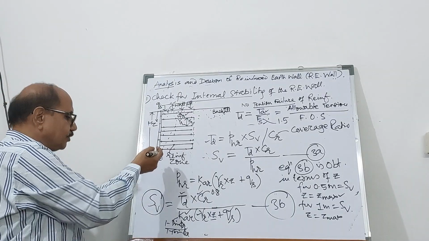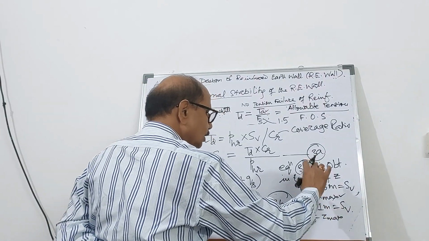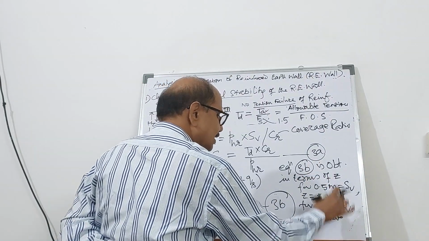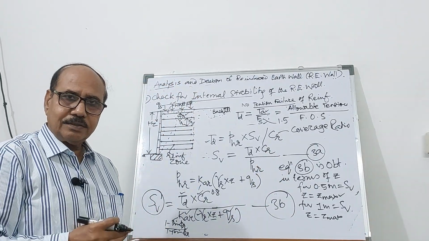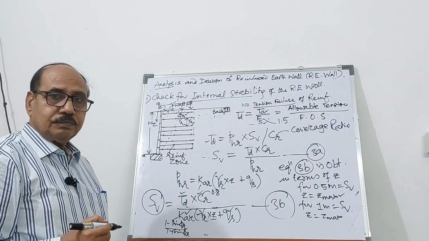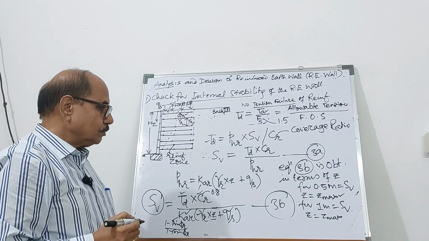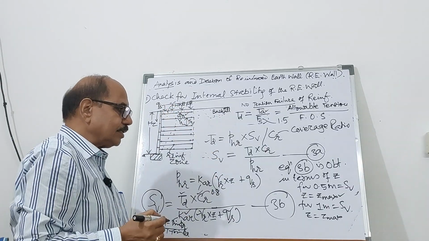And up to that depth, let's say for 1 meter you get the maximum depth as 3 meter and the wall is 7 meter or 8 meter. So up to 3 meter from the top, you can provide the vertical spacing of 1 meter.